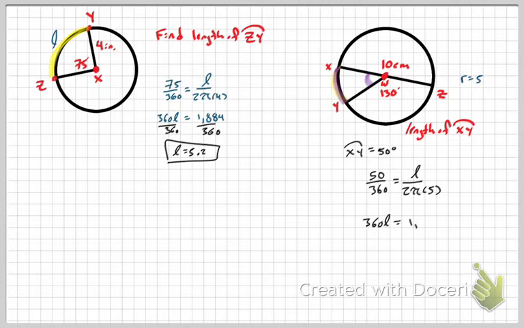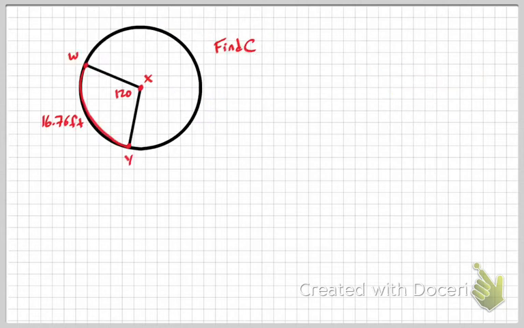I get 1,570. Divide that by 360. Arc length is 4.4 centimeters. And again, I'm just rounding to the tenths place. Let's do 2 more. Okay?